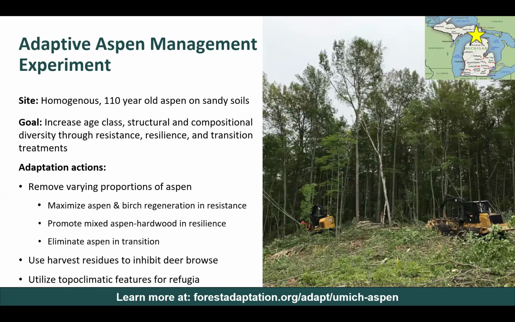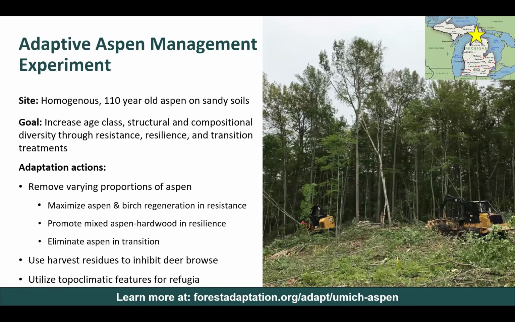In the resilience cutting units, our actions were intended to promote a mixed aspen northern hardwood regeneration component. And then in the transition unit, our intent was to eliminate aspen and birch as climate vulnerable taxa and facilitate the transition towards the previously codominant northern hardwoods by releasing them through an aspen species removal.